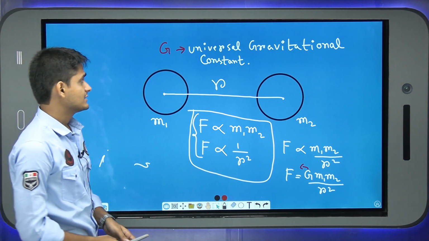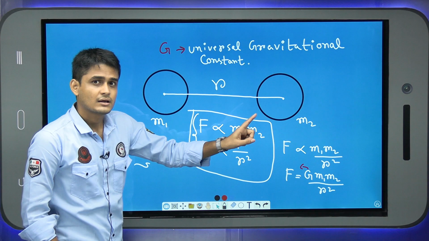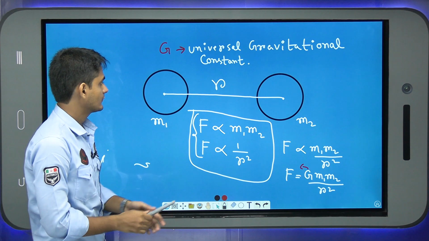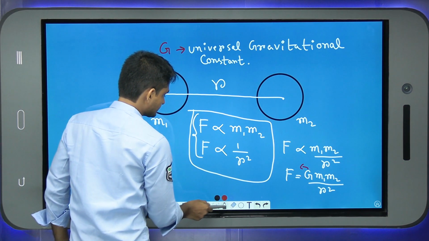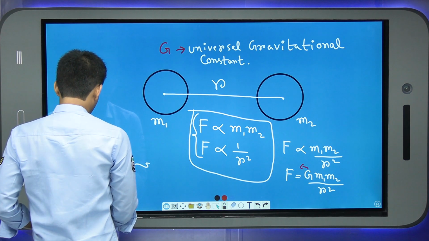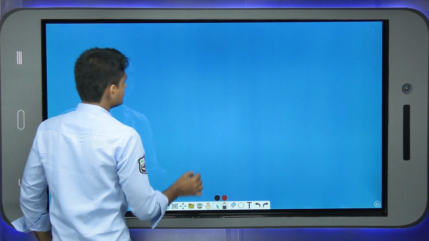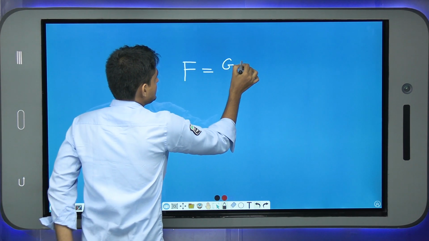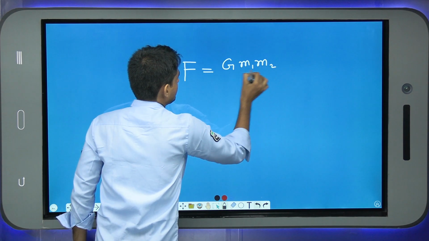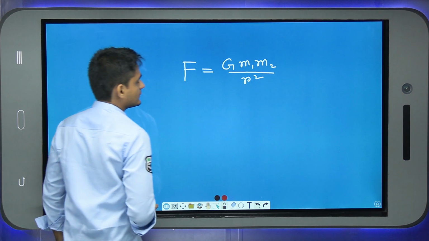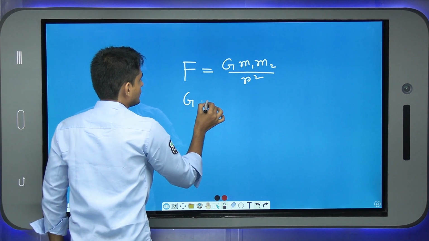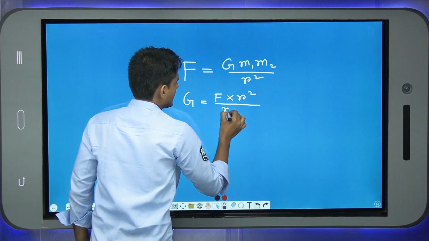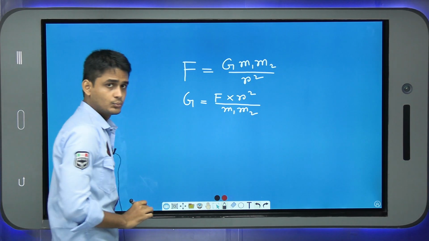And the interesting thing is, this constant is the same for every object. So, from F equal to G m1 m2 divided by r square, we can write G equal to F into r square divided by m1 m2.